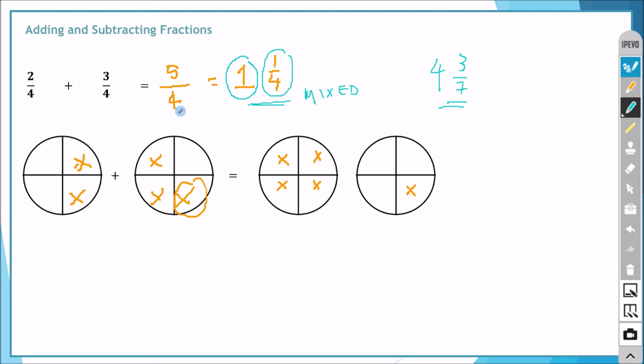And when we write it like this, where the numerator is bigger than the denominator, i.e. the top number is bigger than the bottom number, then this is known as an improper fraction. And the reason it's improper is because normally we shouldn't have the numerator bigger than the denominator. And that means that it's actually one whole piece at least, and then another fraction.